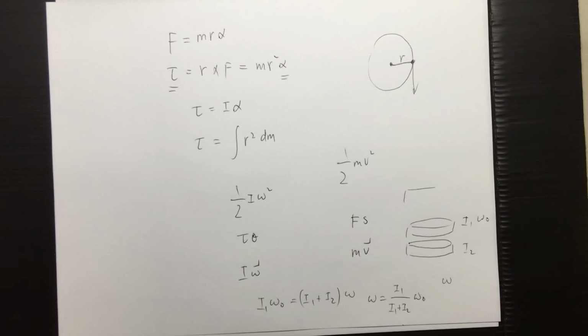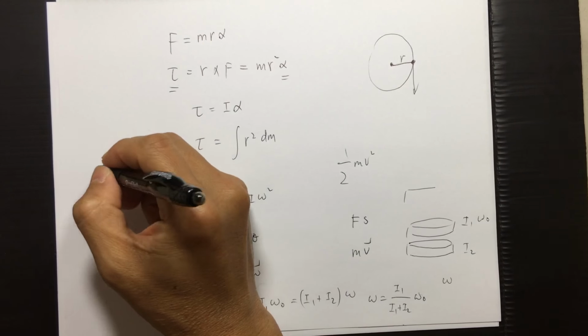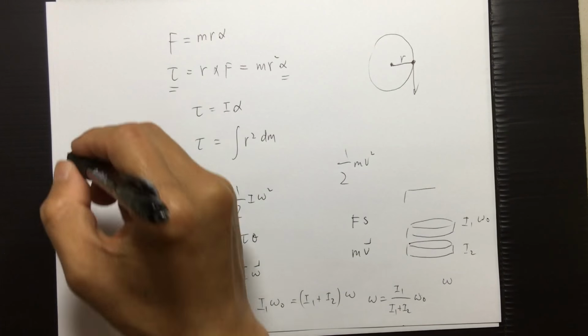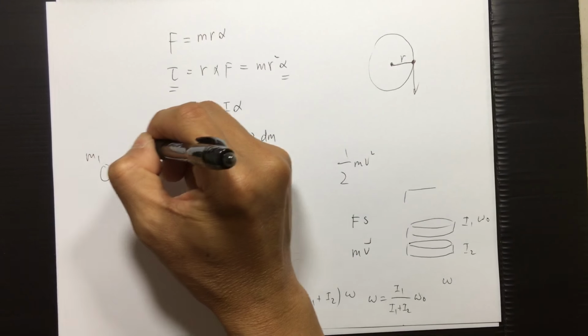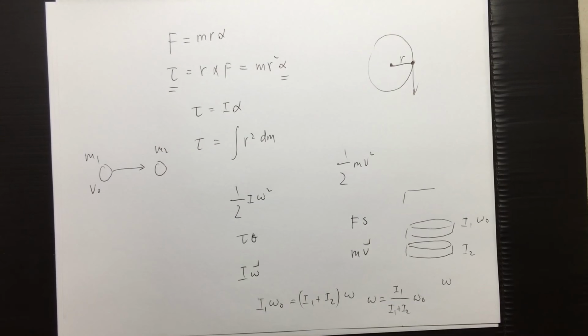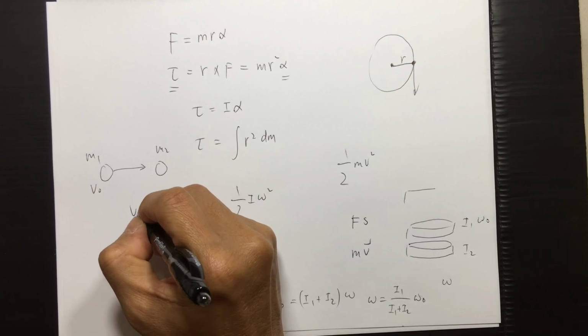I can't find it. You remember this? One ball hits another ball, and then they move together. This is M1, M2. This is V0, this is not moving. Then there's a V at the end.